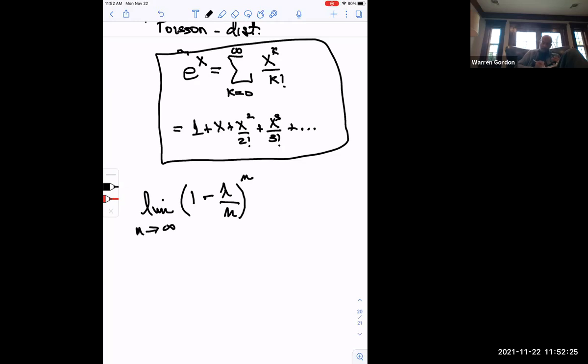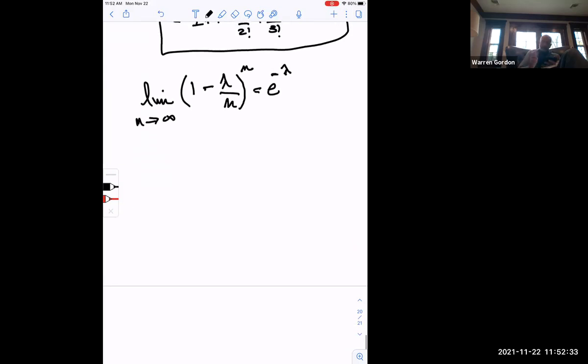This is equal to e to the minus lambda. You're probably more used to seeing the result in the form of 1 plus 1 over x to the x. This limit approaches e to the x. But I much prefer this form for what follows next.